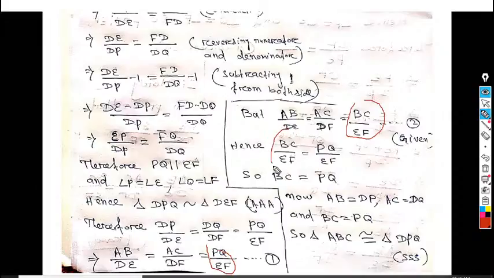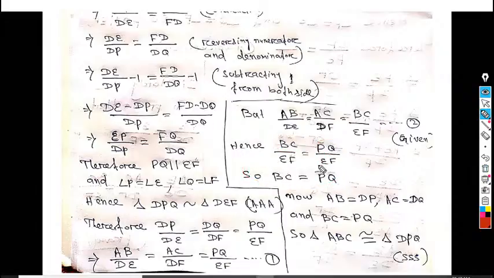And the denominators are the same, EF and EF, hence the numerators must be the same. So BC must be equal to PQ. We are writing this: BC equal to PQ.